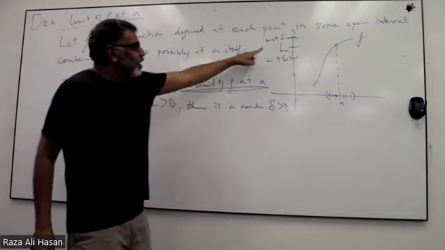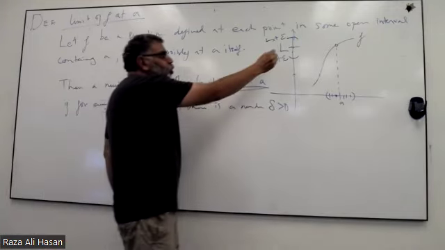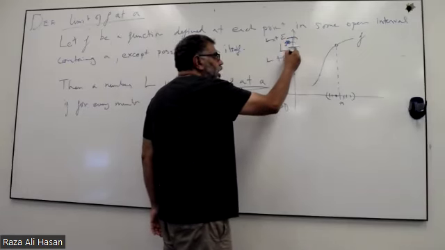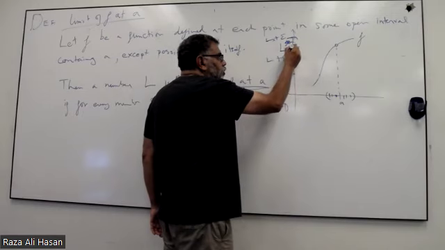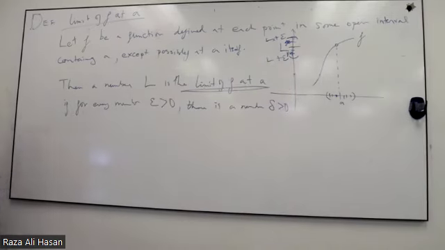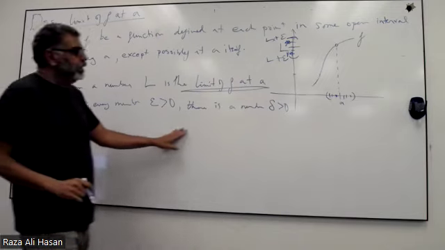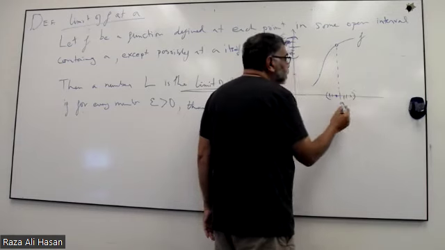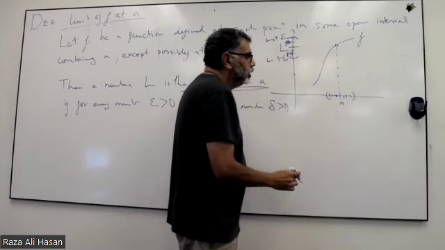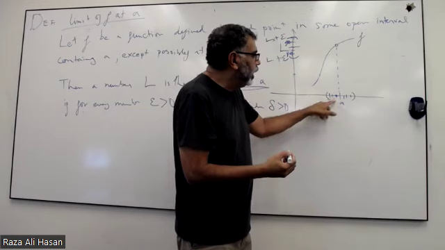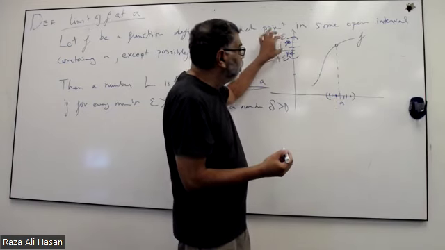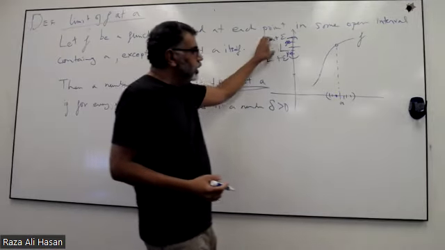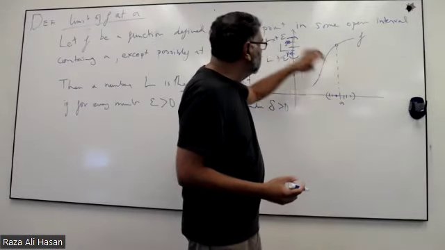Anyway, if we have an epsilon, if we have an open interval in which f's functional values fall, then there should be a delta that defines the x values around a that result in f falling here. We actually go from here to here, not from here to here.